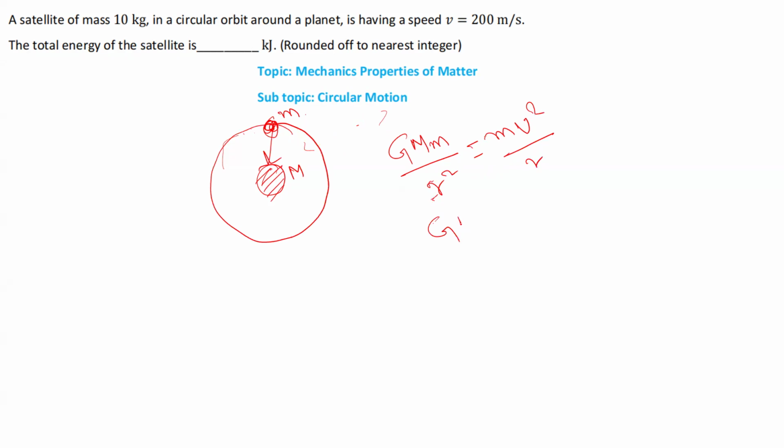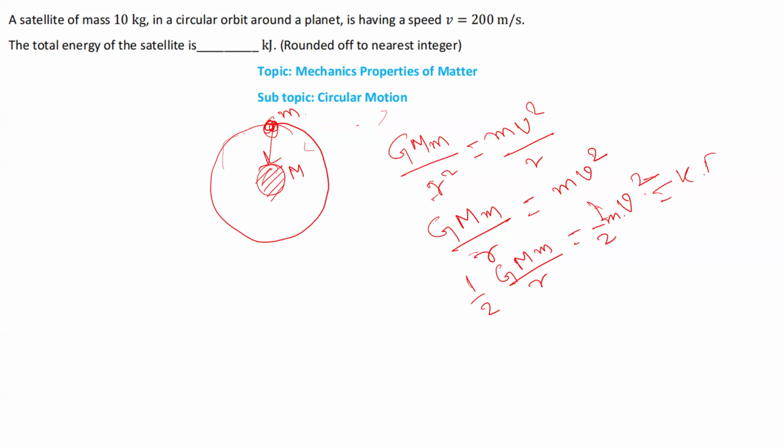So from this we can write GMm by r equal to mv square, or we can write GMm by r equal to half mv square. So this is basically the kinetic energy, right?